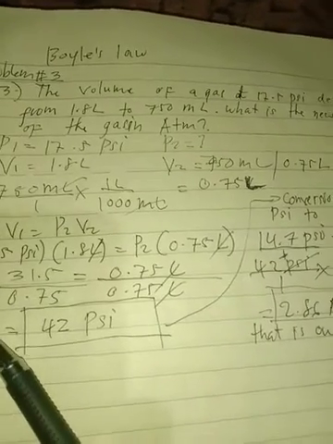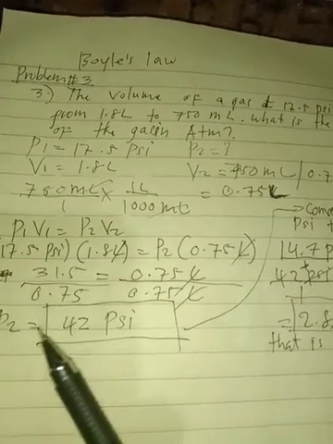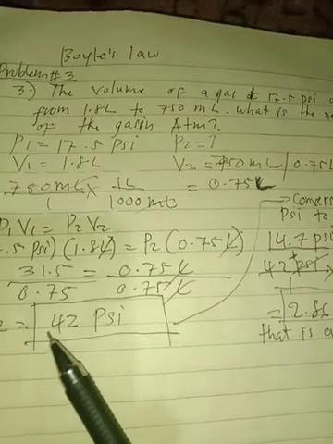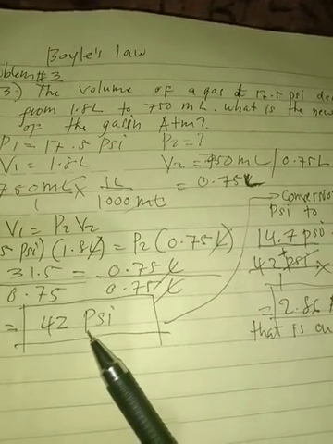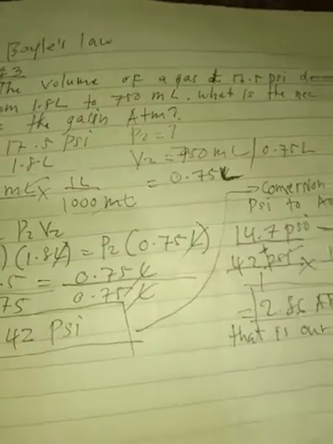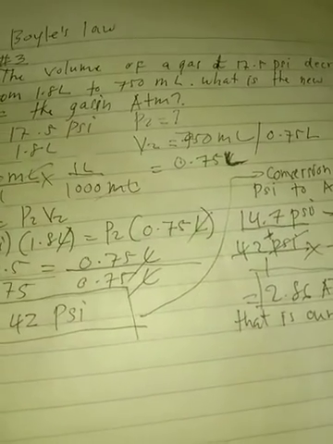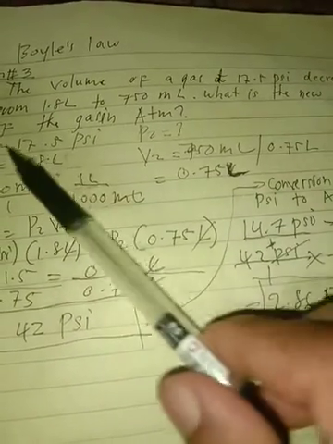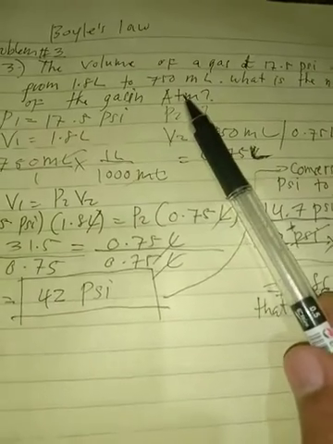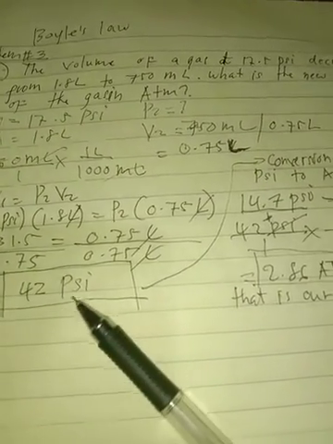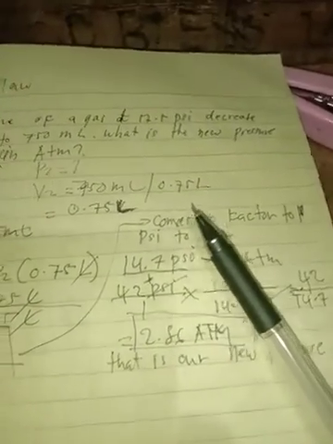So our pressure 2 is 42 psi, but we are going to convert into atmosphere, because the question is what is the pressure of the gas in atmosphere. Since the question in the problem is atmosphere, we're going to convert from psi to atmosphere.